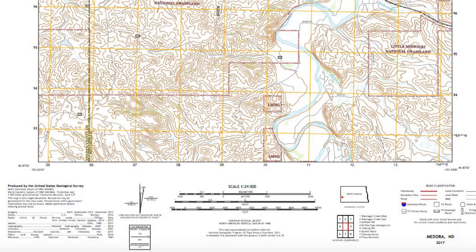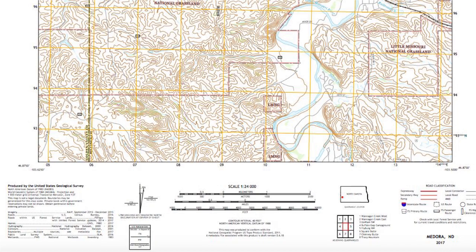So we're going to first go to the Badlands, North Dakota, that first picture. This is a topographic map of that area. What do you notice? Hopefully you can see that there is water, right? The water on any topographic map is going to be blue.